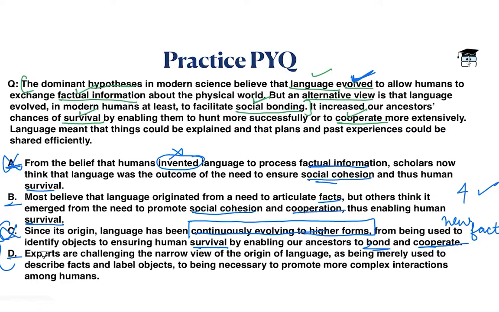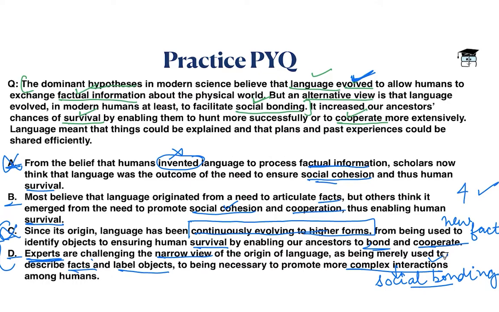Option D. Experts, okay, are challenging the narrow view of the origin of language as being merely used to describe facts and label objects, one keyword, to being necessary to promote more complex interactions among humans. Now, complex interactions is another synonym of the word social bonding. So, you see 2 synonyms of the word social bonding have been introduced: social cohesion and complex interactions, right?